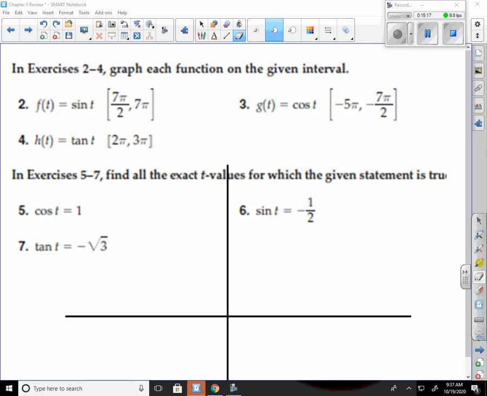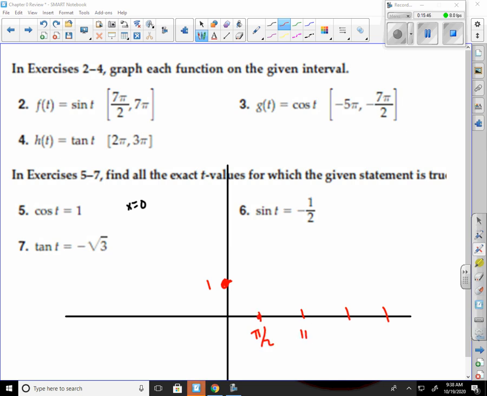So cosine of t equals 1. Where is t going to be equal to 1? If I'm looking at the cosine function, I start here at 1. So when x equals 0, that's my first time that it's at 1. At pi over 2, it's at 0.